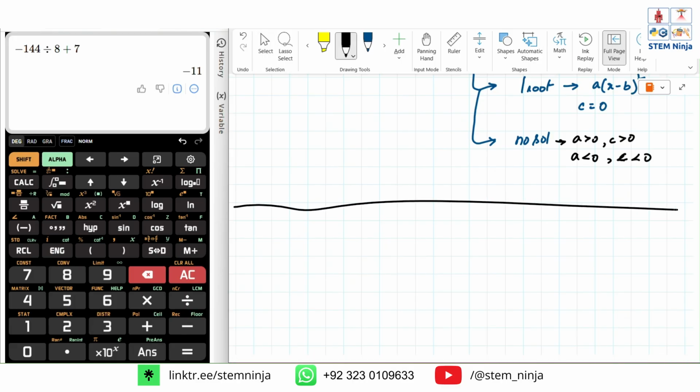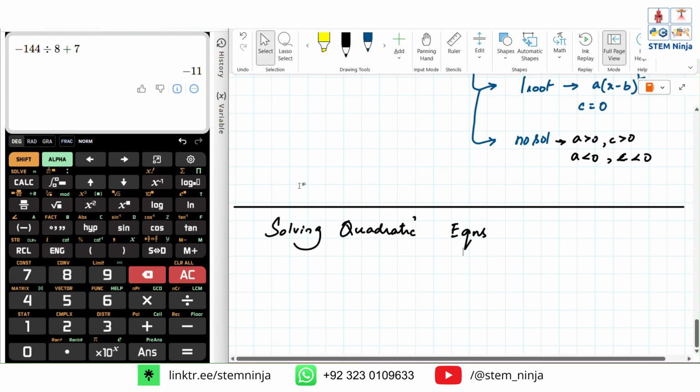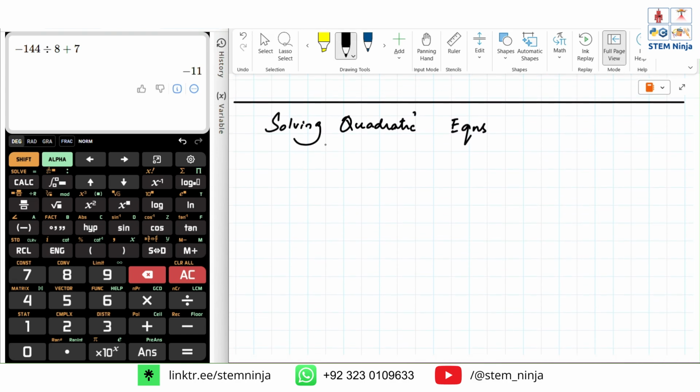Now, moving on to solving quadratic equations and inequalities. First, let's focus on equations. In O levels and IGCSE, we solved quadratic equations by factorizing, which is still fine. The roots would be x equals b, x equals c.